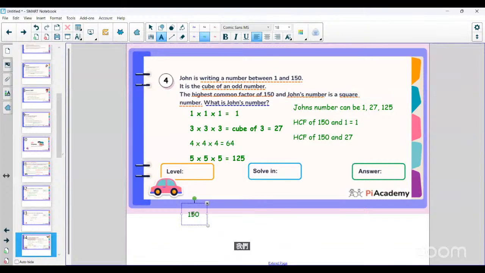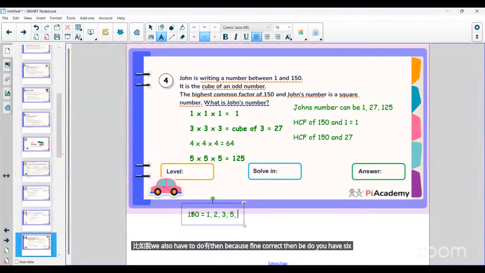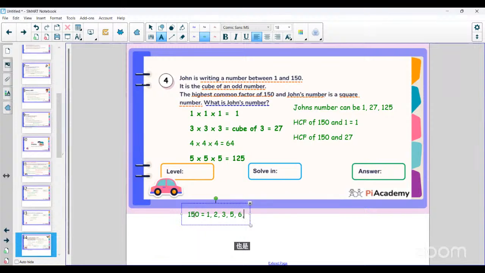Well, 150's factors are what? We got 1, then 2, then 3, then 5, correct? Then do we have 6? Yes, right? 2 sixes are 12, 5 sixes are 30.